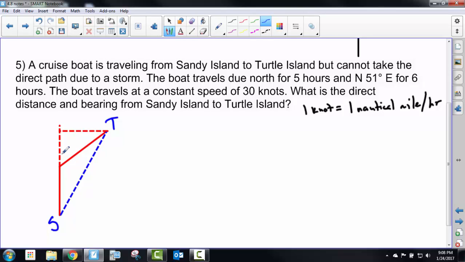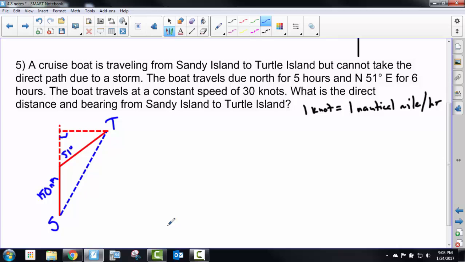So let's start marking down the stuff we know. We know that's 51 degrees. I know that has to be a right angle. We didn't use the time and the distances yet, or the speed. So traveling north for 5 hours at 30 knots means that this distance right here is 150 nautical miles.